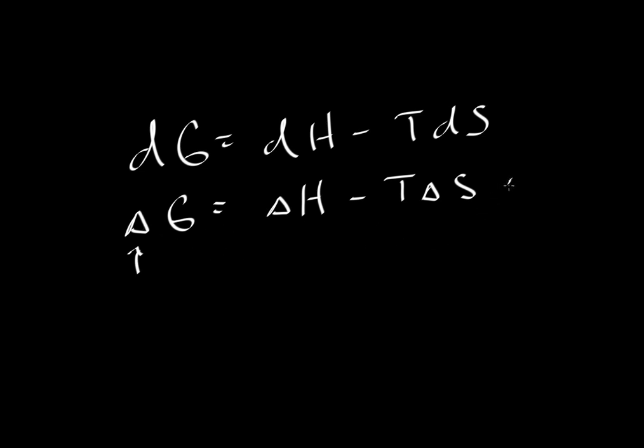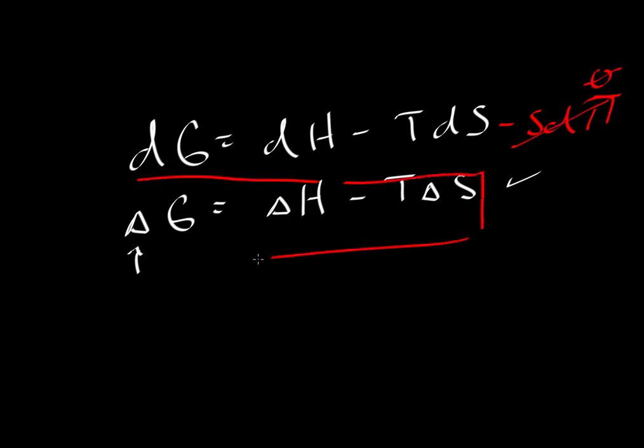But notice that to get here, we had to do something special. We had to take the minus SdT term and have it drop out and go to 0. So this is a special case where we can only write this equation when we assume we have constant temperature.